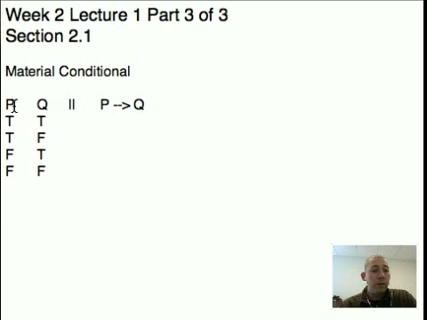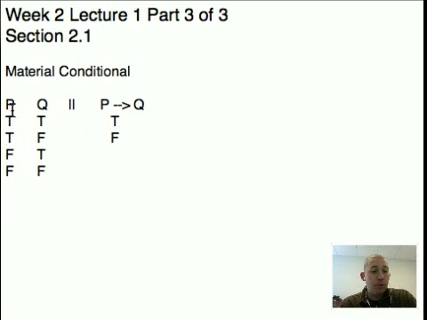When P is true and Q is true, then the whole material conditional will be true. When P is true and Q is false, then the whole complex sentence will be false.